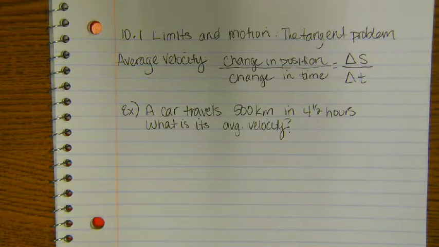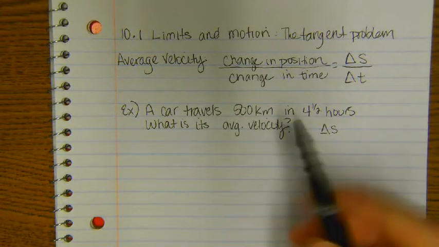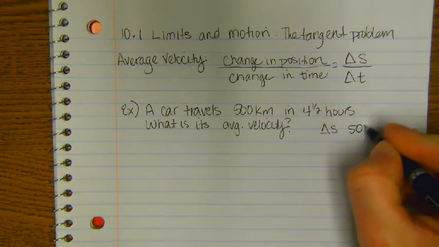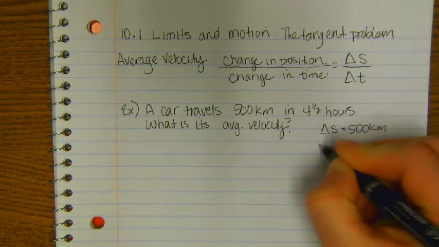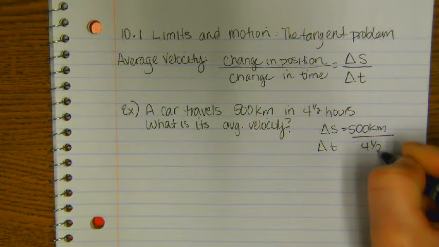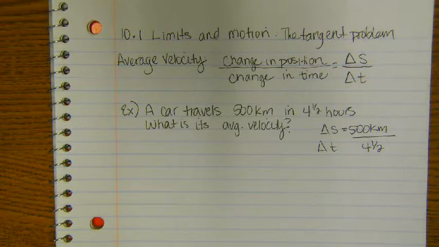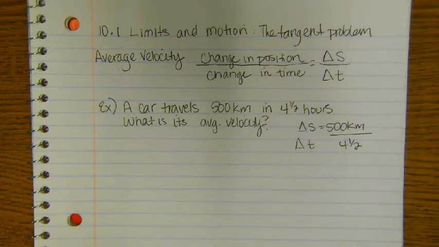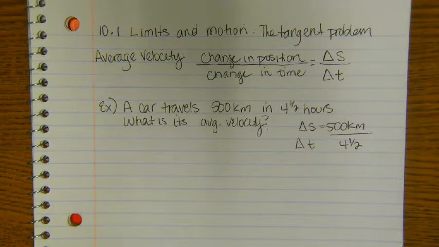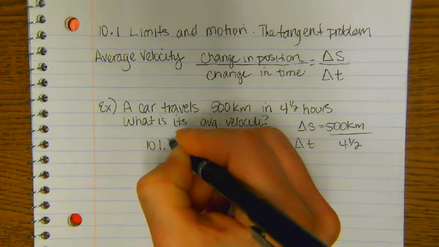Yep, change in position. If it went 500 kilometers, that means the change in position was 500 kilometers. And how long did it take? It took 4.5 hours. And you divide those two. What's 500 divided by 4.5? It's 111 point repeating.